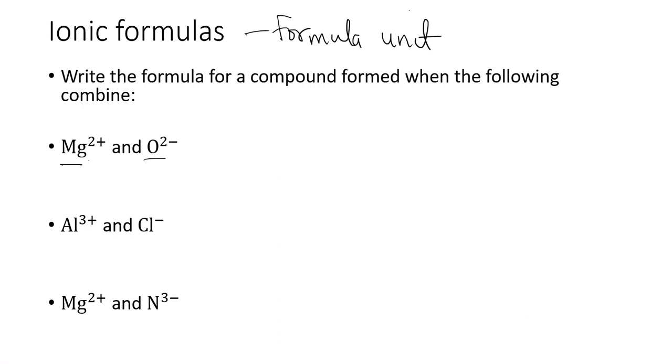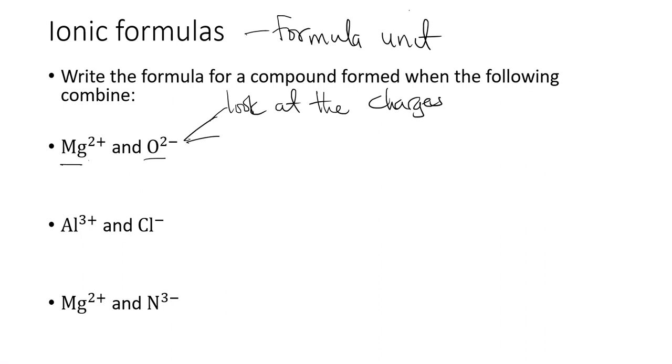Now, to determine the formula of a compound, first of all, look at the charges. What is the charge on the cation? What is the charge on the anion? After looking at the charges, see if the charges can cancel.